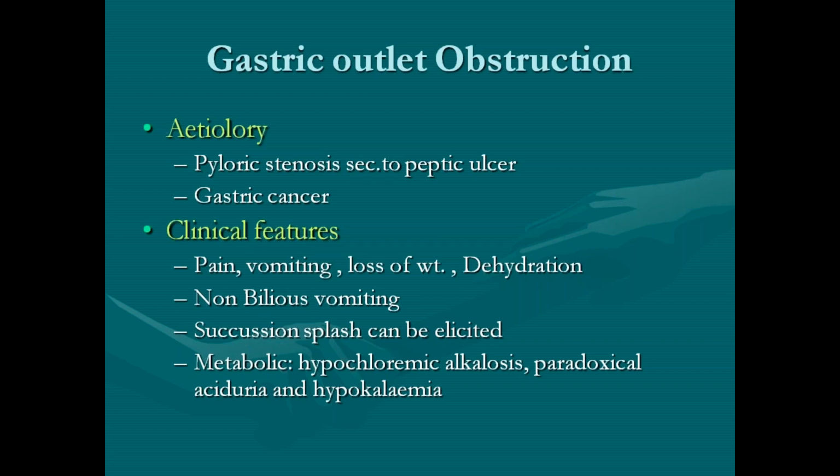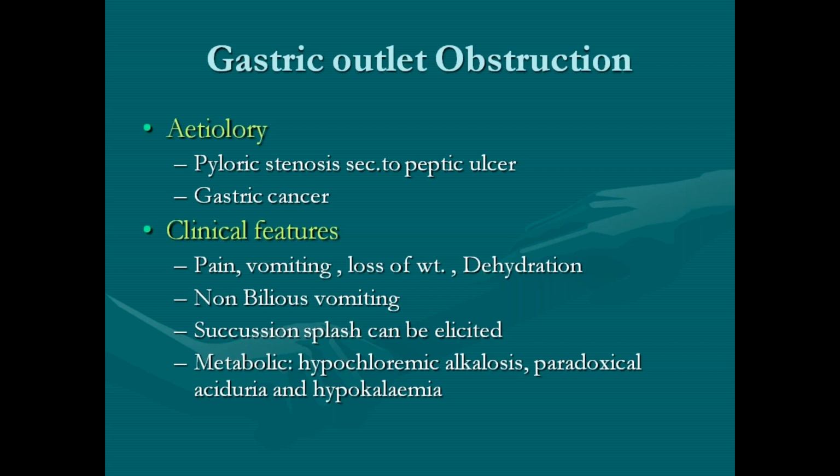Okay, so what is this gastric outlet obstruction? What are the most common causes of gastric outlet obstruction? It can be congenital, which is seen in children, but usually the most common causes are pyloric stenosis secondary to peptic ulcer, and the other is gastric cancer.